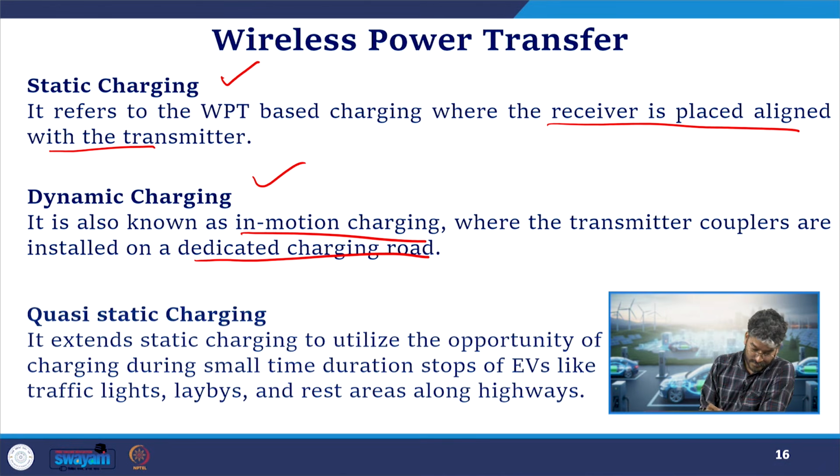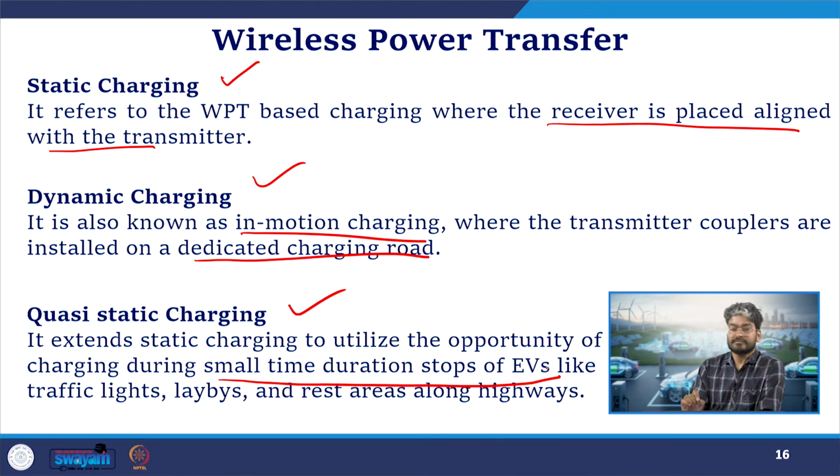Then quasi static, so it is a type of static charging, where the vehicle will be designed to stop, that is your bus stops or traffic signals or laybys or the rest areas of your highway, there I will be placing the charger. Let us consider a bus stop.